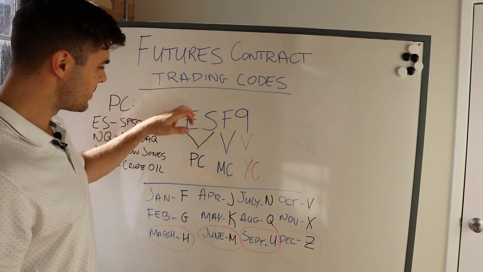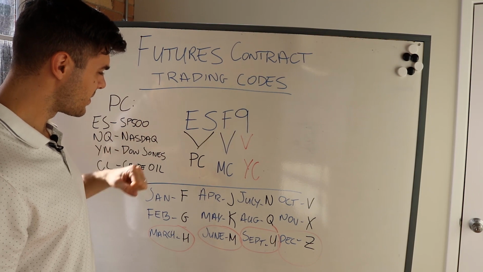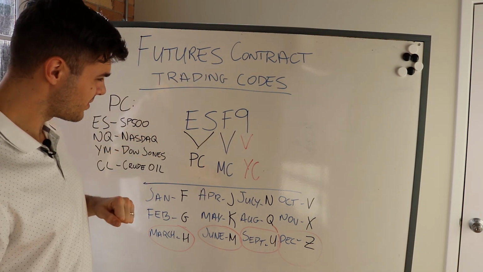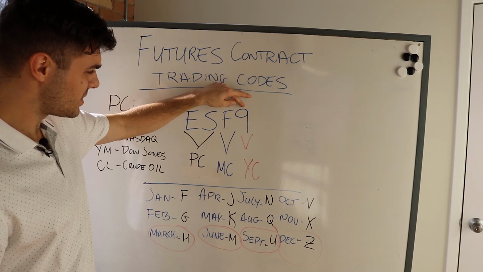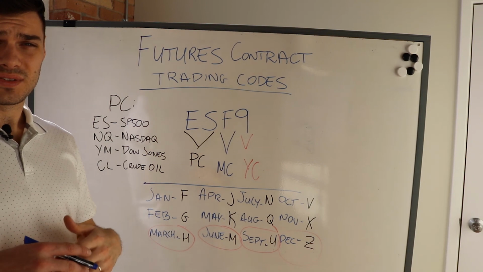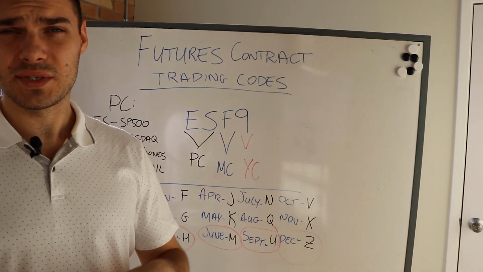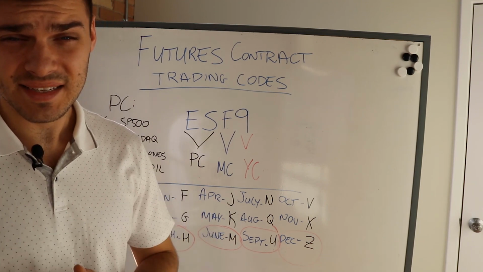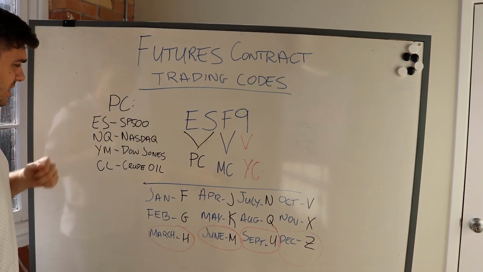So the first 2 here, ES, this is your product code. The letter after that being the F, this is your monthly code, and the final digit here, the 9, that is your yearly code. So these trading codes will vary based on your platform and based on the asset class. However, this is a good general guide here.